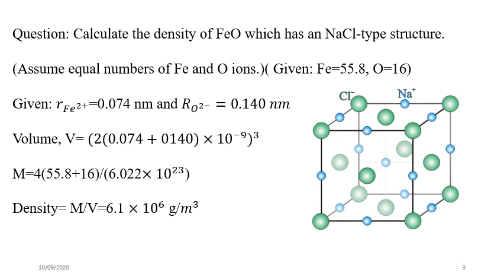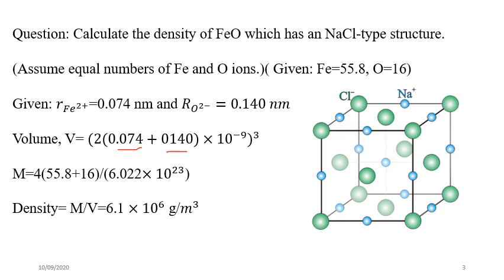We have studied that the lattice parameter A of NaCl or FeO is 2 times the radius of one ion plus the radius of the second ion. So here we have taken 2 times the radius of Fe plus the radius of the oxygen ion, and since it is in nanometer, we have multiplied it by 10 raised to minus 9. This gives me the lattice parameter, and the cube of that lattice parameter is the volume of the unit cell.